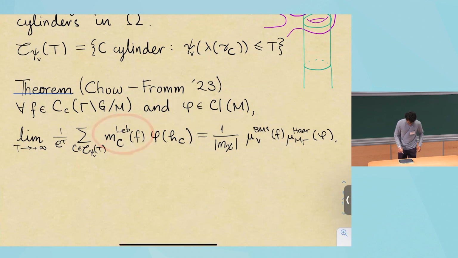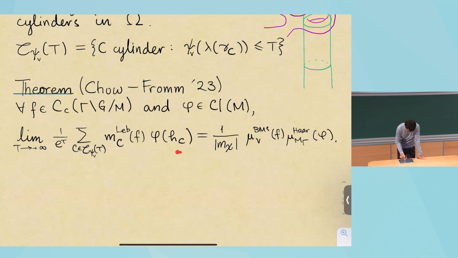There's a Lebesgue measure on the cylinder because it's just a quotient of the Lie algebra of A. And so take the integral of f with respect to this Lebesgue measure. This is fine because f is compactly supported.